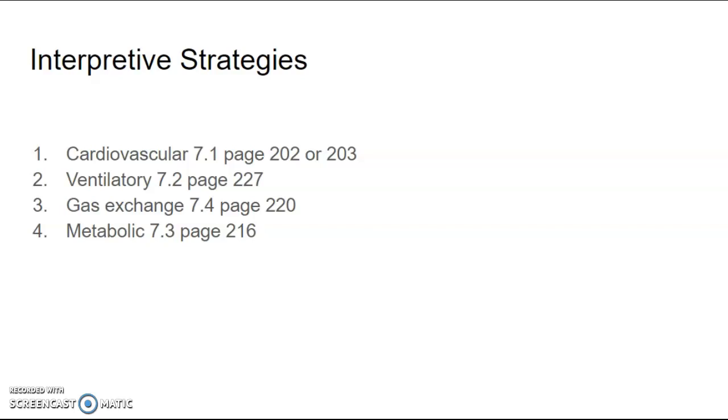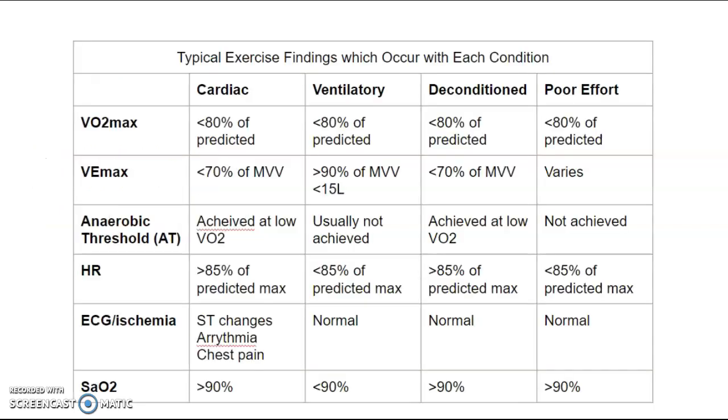Okay, one more thing I want to go over with you is I find this to be a very nice layout of how to use some of your information based on the type of condition that is interfering with their exercise capacity. So if their dyspnea is caused by a cardiac problem during exercise, these are the different items you would evaluate.